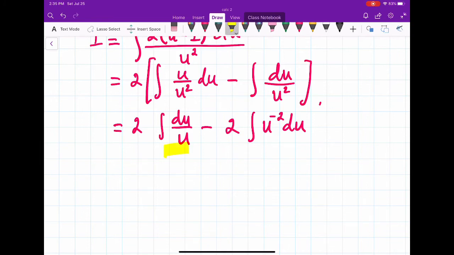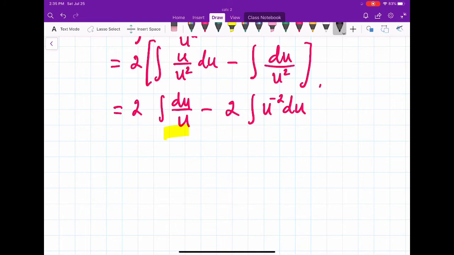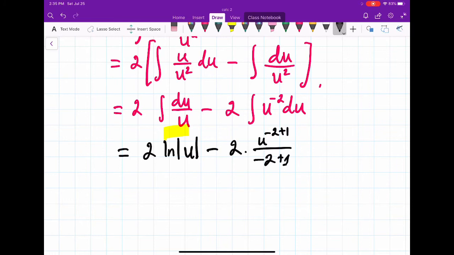And for this term, we use the logarithmic function. You know, the power in this case is just 1. We discussed that in the very first lecture. So I have 2 ln of absolute value of u, minus 2. If I use the power rule, I get u to the negative 2 plus 1 over negative 2 plus 1, plus constant.